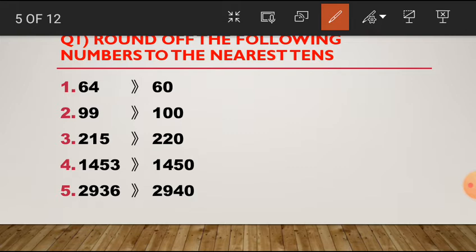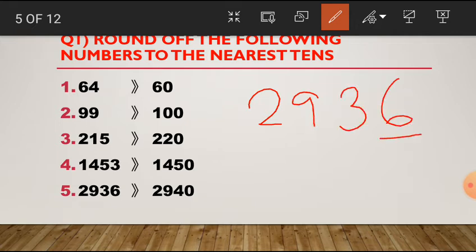Now look at the next one, 2936. In 2936, the ones place number is 6. 6 is greater than 5, isn't it? So we have to apply the second rule. What is the second rule? You replace the ones digit by 0 and add 1 to the tens place number.